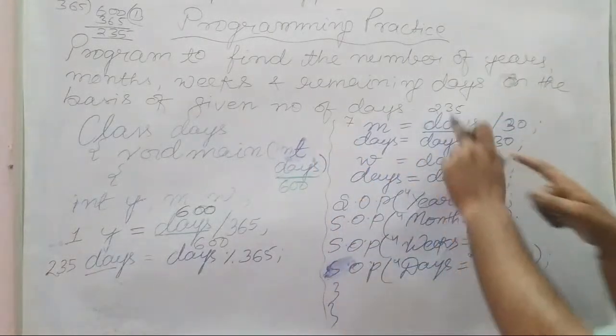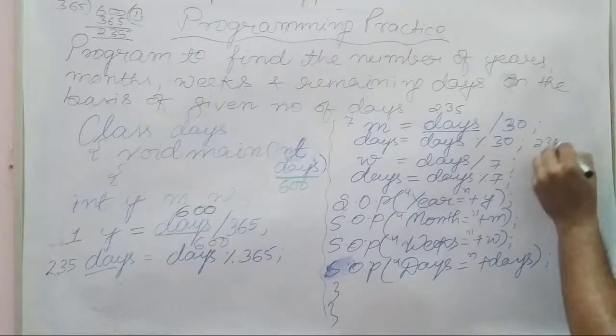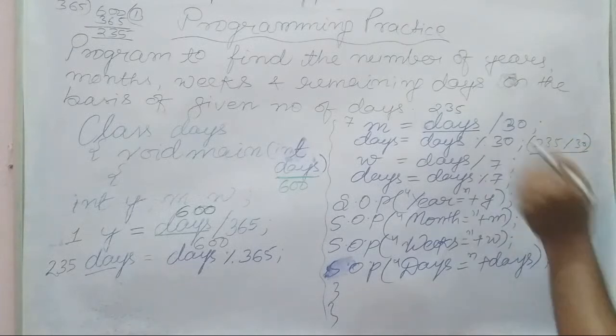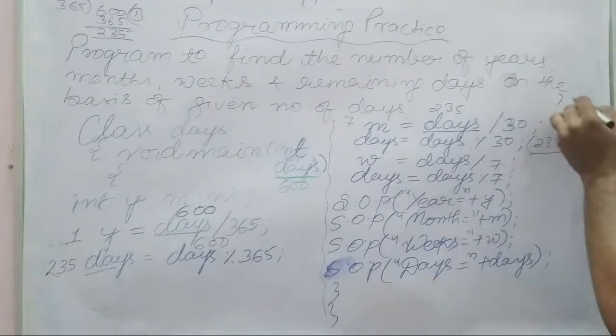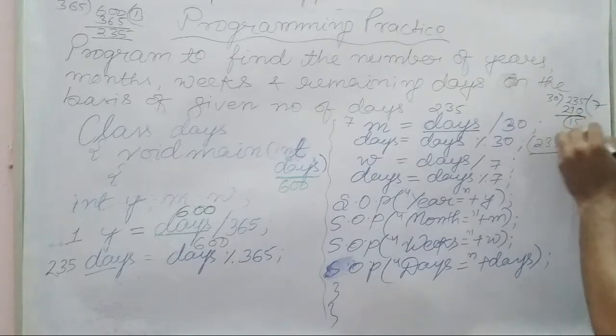Now you have to get again here 235. 235 mod by 30. So what is happening here? 235 mod by 30, 7 times it has gone, to 210. So the remaining left is 15.